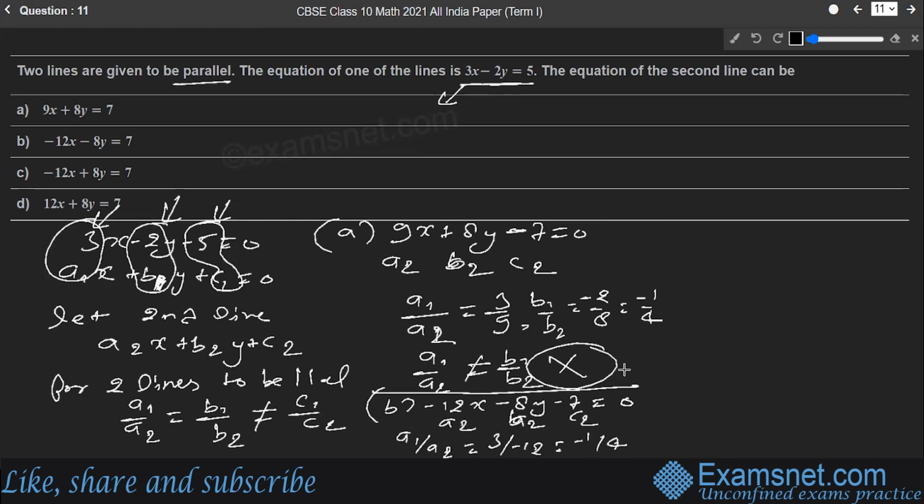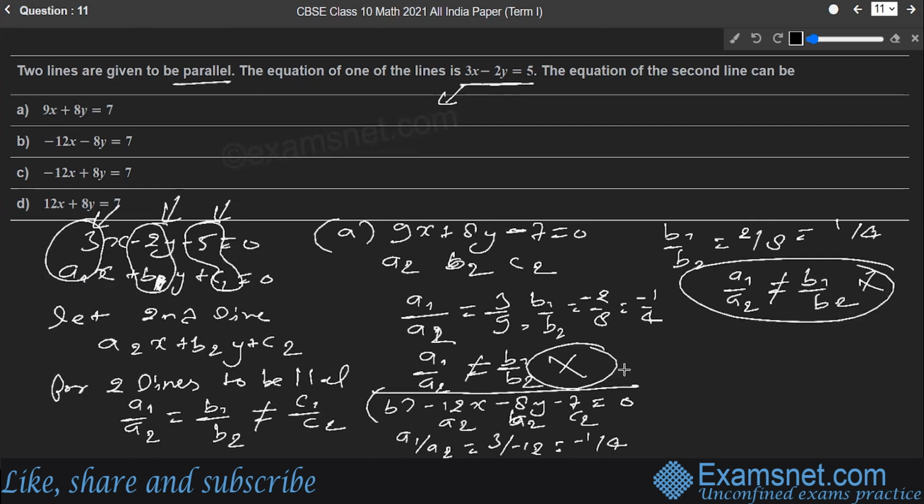On the other hand, B1 by B2 comes out to be minus 2 by minus 8, that ultimately cancels to 2 by 8, that is 1 by 4. A1 by A2 is not equal to B1 by B2 here as well, so this doesn't satisfy the condition either.